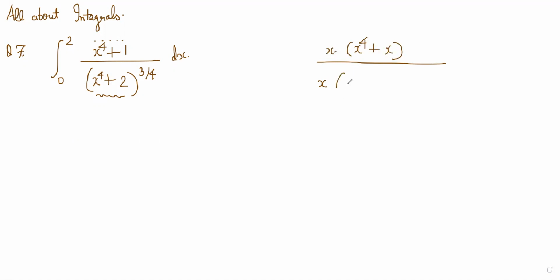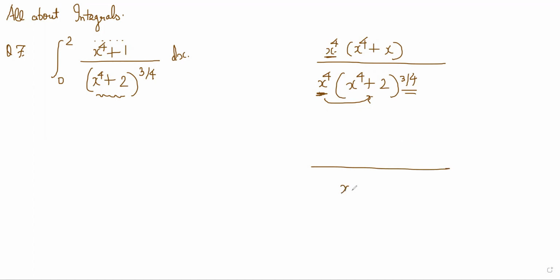This becomes x into x power 4 plus 2 to the power 3 by 4. But this doesn't help us because we cannot take x inside this, right? And because there is a 3 by 4 power here. So if I wanted to take 1 x inside, I have to put x power 4 here, right? So I will multiply by x power 4 here and x power 4 here. What it does is it helps us take x common and put it inside the bracket.